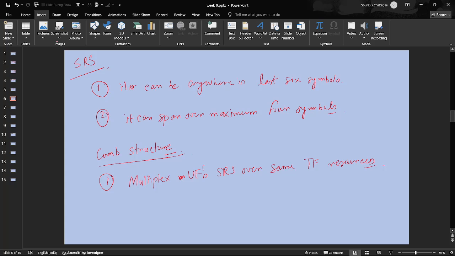There are two types of combination, either N2 or N4. In the N2 case there will be a gap of two subcarriers, and in N4 a gap of four subcarriers. Okay.